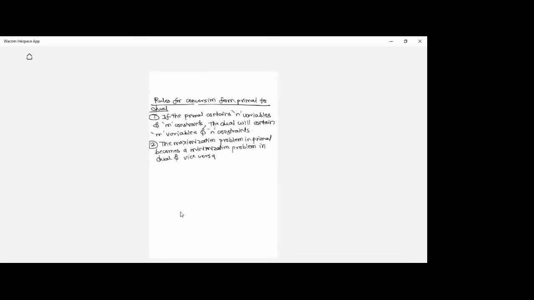So if your primal is a maximization problem, your dual will be a minimization problem. If your primal is a minimization problem, then your dual will be a maximization problem.